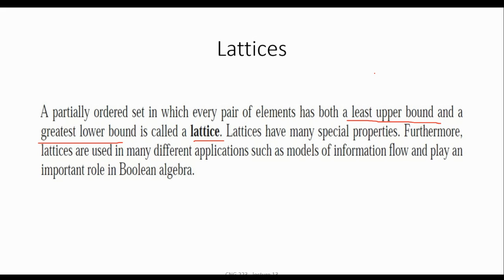But for computer scientists, we don't go through that much detail. But anyway, it is well defined in your book. This book is perfect, the one that I shared with you. It's well written and it's simple, so it's not very hard to understand.